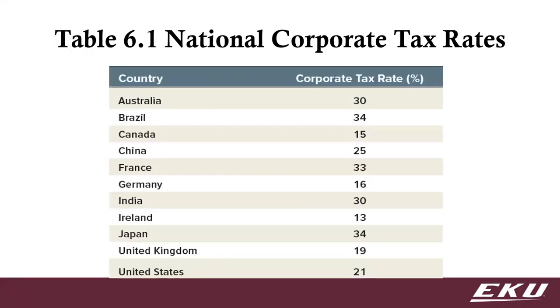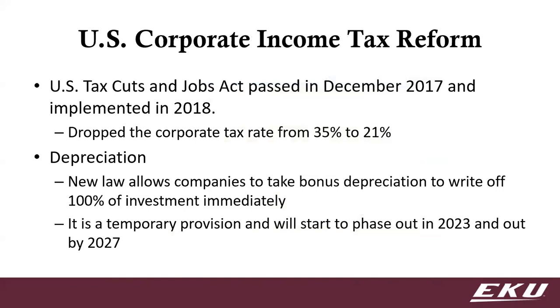This just shows examples of what corporate tax rates are like across a lot of economies. And this is the recent Tax Cuts and Jobs Act. And so you see the changes that it made, not just in U.S. tax rates, but also how we handle depreciation, right?